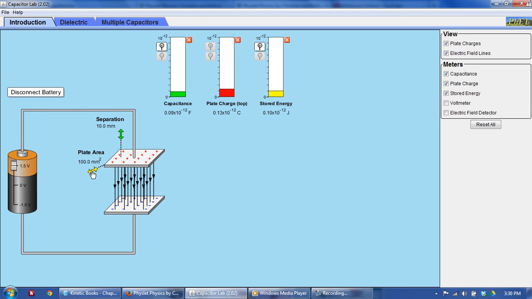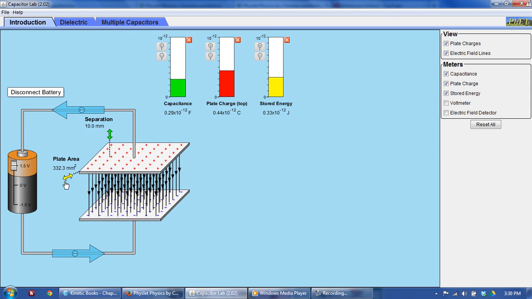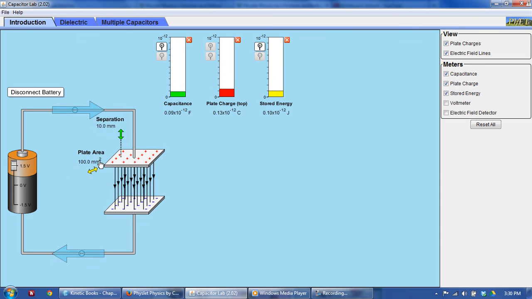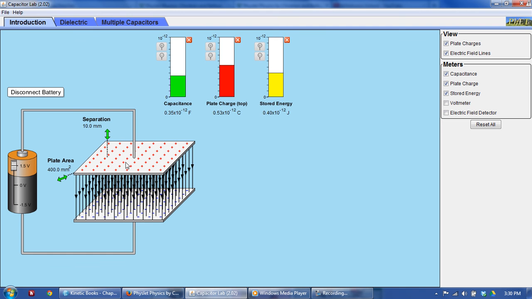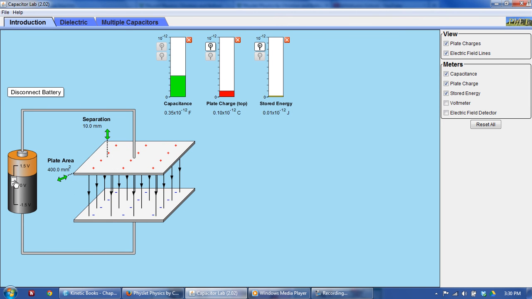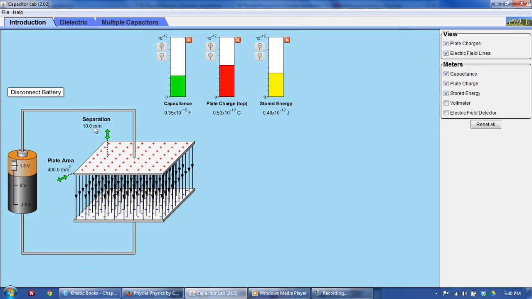If I increase the plate area, I'm going to increase my capacitance, increase the amount of charge that can be separated. Notice the charges are still separated the same amount, but there's a greater area. That's the separation they're spacing on here is due to the voltage applied. Notice that less voltage means more separation because they don't want to be next to each other.